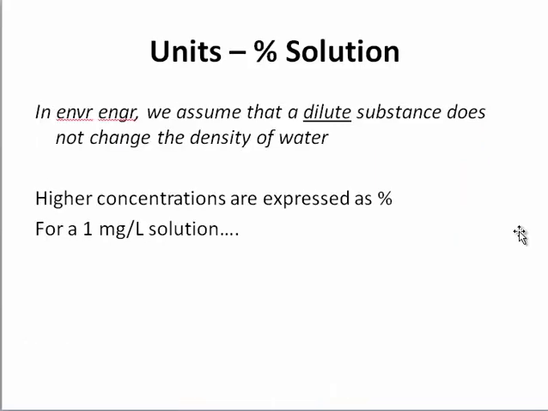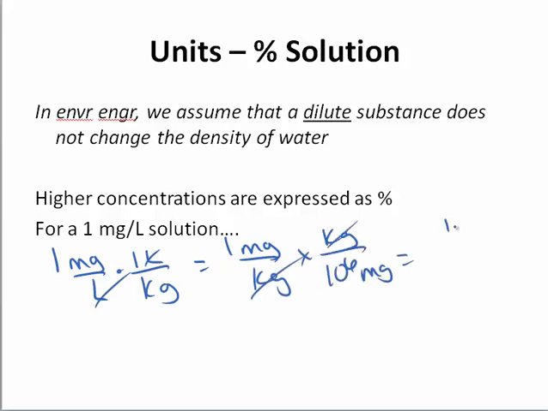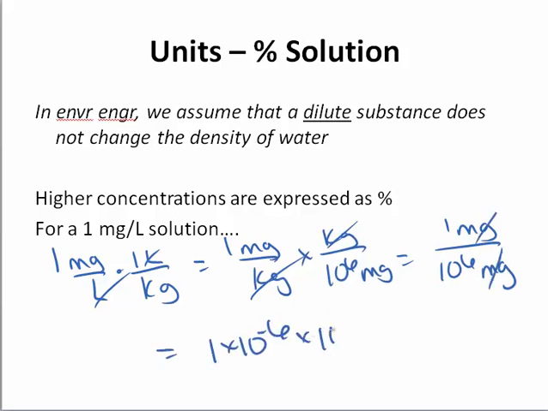Higher concentrations are typically reported as percent solution. I'm going to show you what 1 milligram per liter looks like in terms of percent solution to demonstrate this. You start by looking at 1 milligram per liter multiplied by the density of water. That equals 1 milligram per kilogram, which is equal to 1 milligram per 10 to the 6 milligram, which is equal to 1 times 10 to the negative 6. If you multiply this by 100, this can be expressed as a percentage.